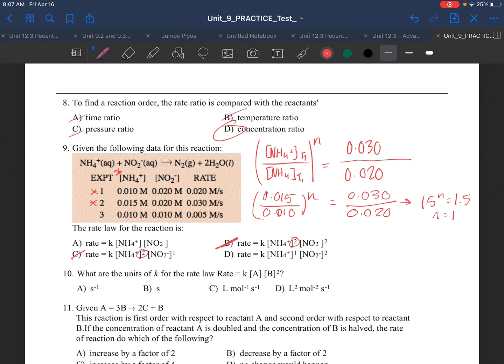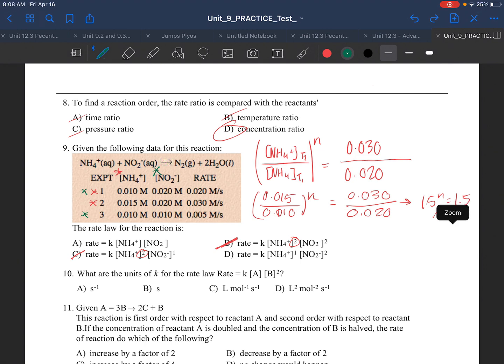Now, solving for the other one, we need to find two trials where NH4 stays the same. If you look, that would be 1 and 3. And the concentration of 1 is higher than 3, so I'm going to put T1 over T3.